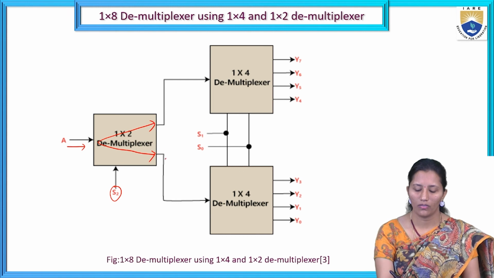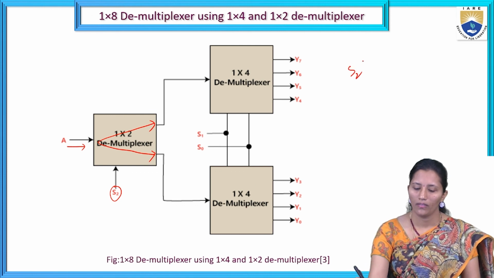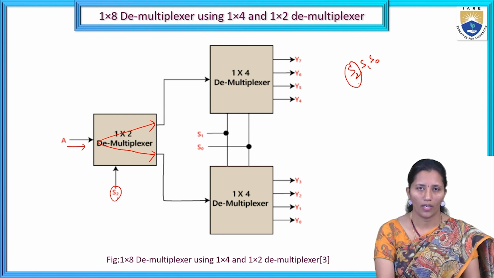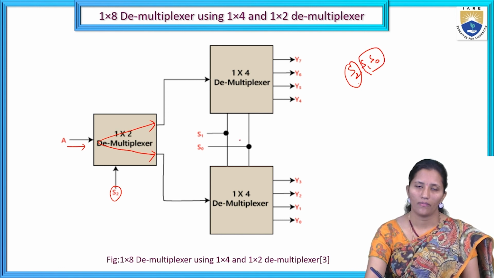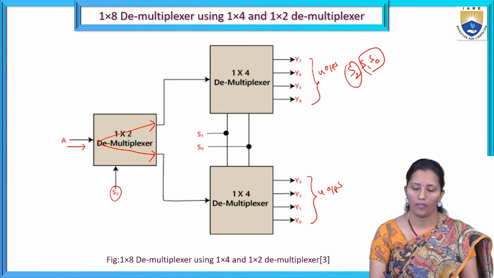Okay, so these two lines are inputs to the two 1 to 4 demultiplexers, and for 1 to 8 we have 3 selection lines. So S2 will be the selection line for the 1 to 2 demultiplexer, and S1 and S0 are the selection lines for the 1 to 4 demultiplexers. Okay, here we are going to get 4 outputs from one demultiplexer and another 4 outputs from the other demultiplexer.